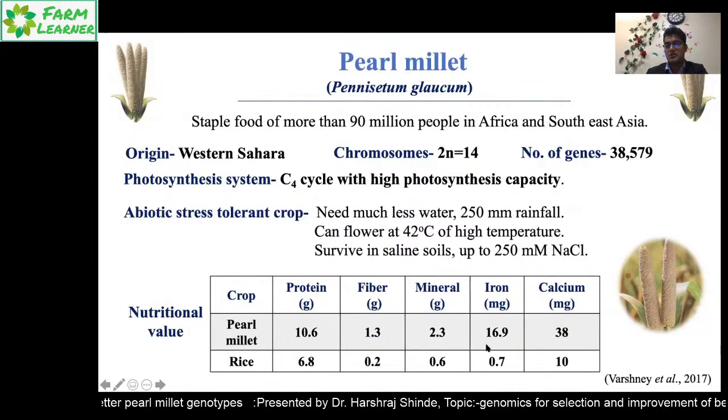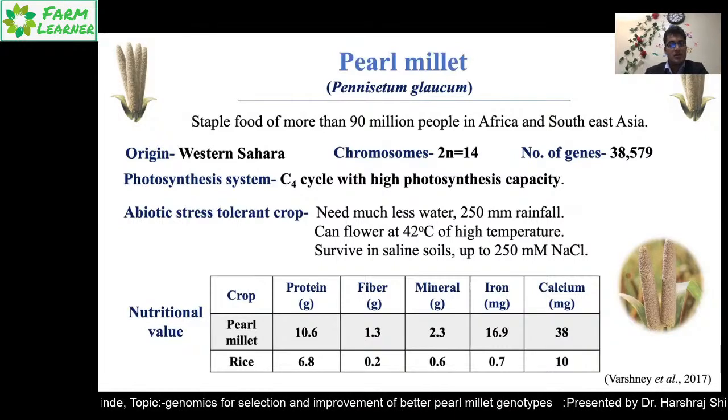It has high amounts of minerals and almost 30 times higher iron, so it's good for pregnant and lactating mothers. It has 3 to 4 times higher calcium content, so again, it's good for infants and lactating mothers. So it is a highly nutritious crop with a good nutrition profile.